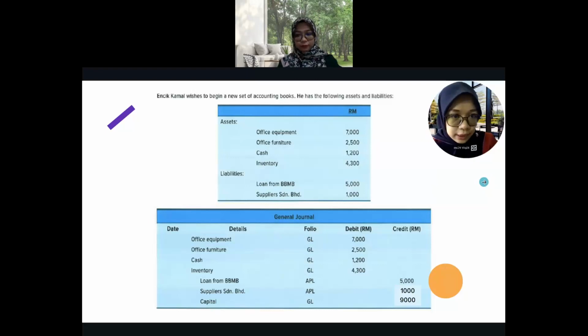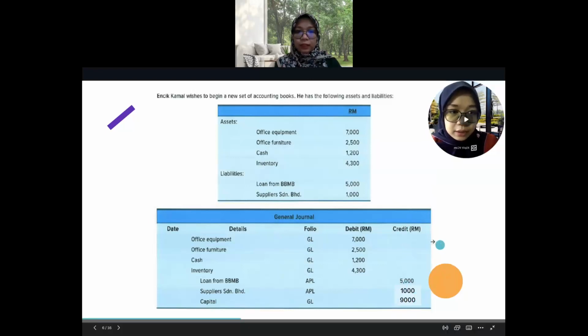Debit office equipment 7,000, debit office furniture 1,500, cash 1,200, inventory 4,300. Then liabilities should be on the credit side: credit liability loan from BBMB 5,000 and suppliers Nadiran Berhad 1,000, and the remaining is recorded as capital.